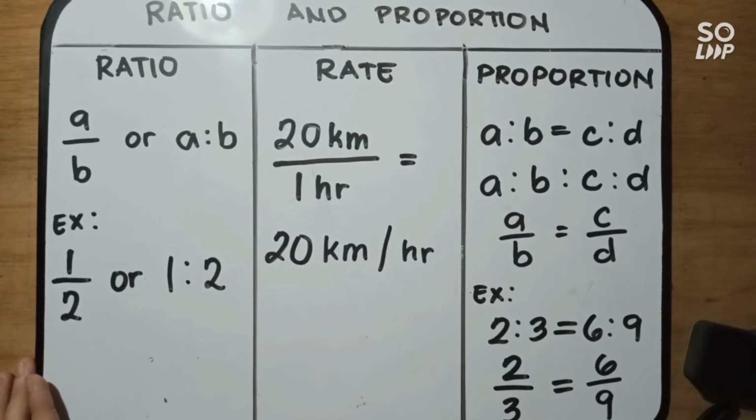We can say that they are proportional to each other because 6 over 9, if we reduce it to the lowest term, will become 2 over 3.